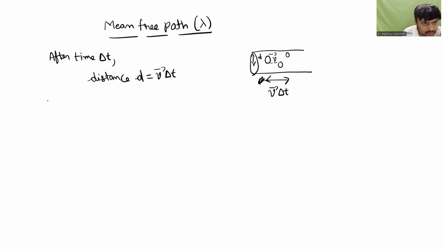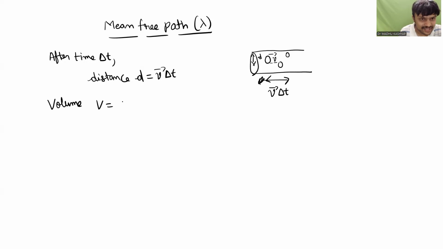Now we are going to consider the volume, a similar technique to what we applied when we were deriving the pressure derivation. Volume V will be equal to area times length.